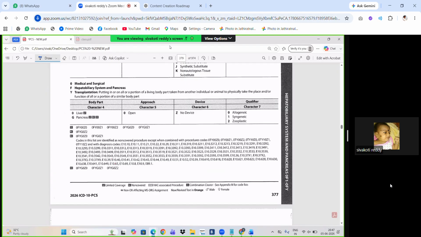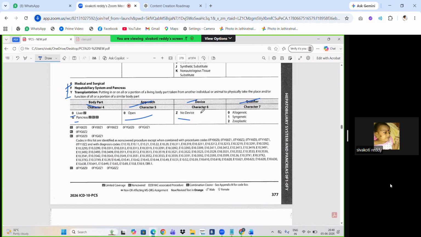0FY. Here in the tables, guys, now listen how to use the table. You will get the 3 digits at the top. Then they will give the table with body part, approach, device, qualifier. After identification of the 3 digits, come and check what body part they gave in the procedure, what approach they used, what device. If we have only one approach and one device in the table, by default we need to take it. There is no other option.